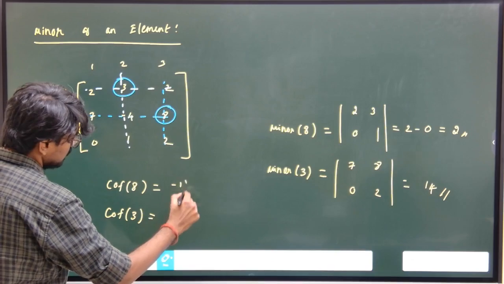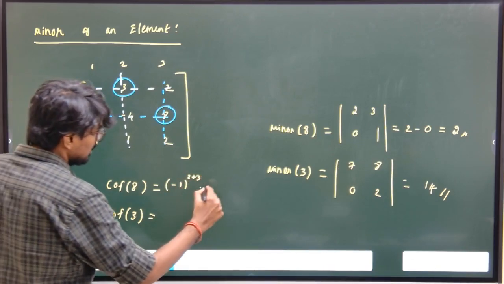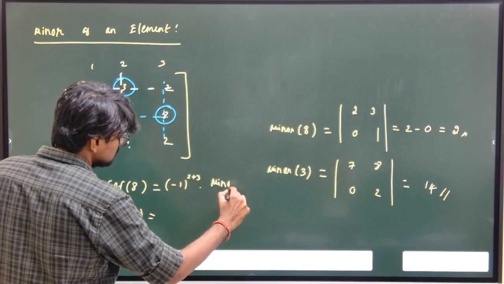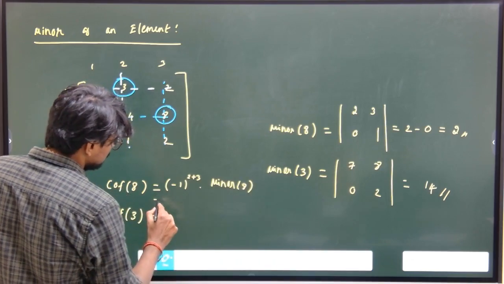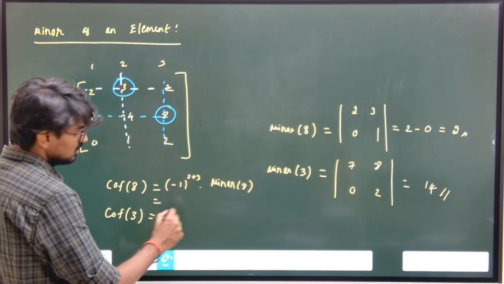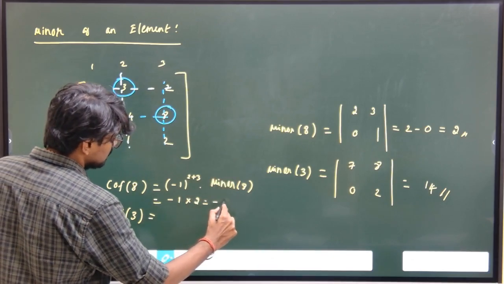So (-1) to the power 2 plus 3, which is 5, multiplied by the minor of 8. (-1) to the power 5 is -1, the minor of 8 is 2, so it becomes -2.